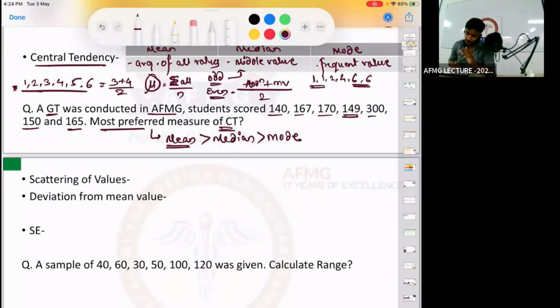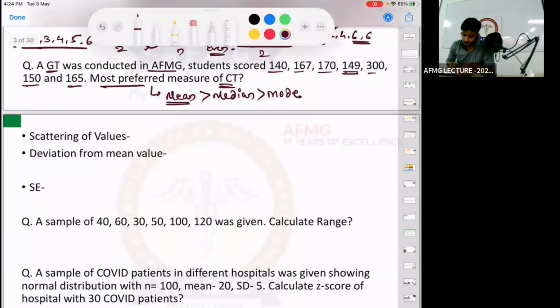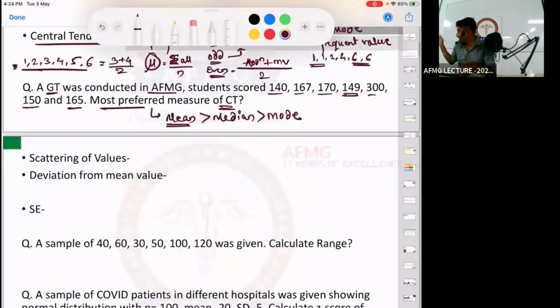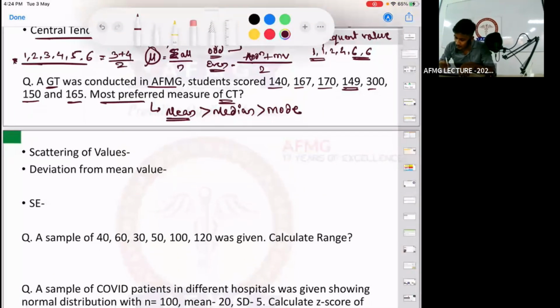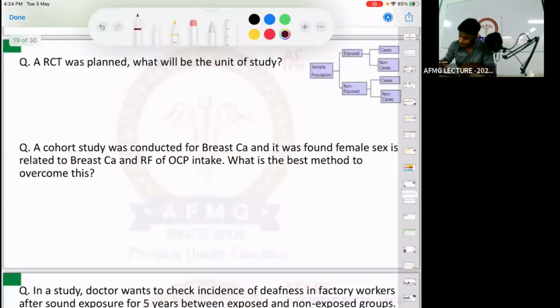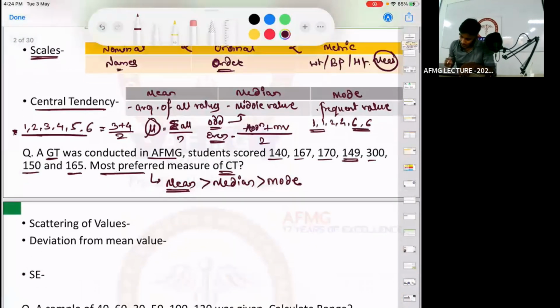Anybody? Great. Moving further. Whoever wants to calculate the mean here, please let me know what is the mean. And what would be the median over here? How many values do we have? 1, 2, 3, 4, 5, 6, 7.